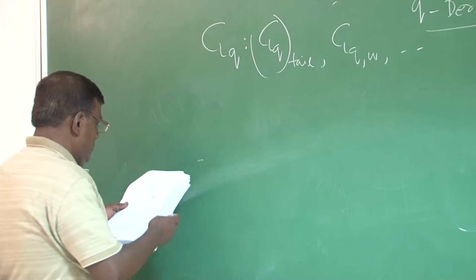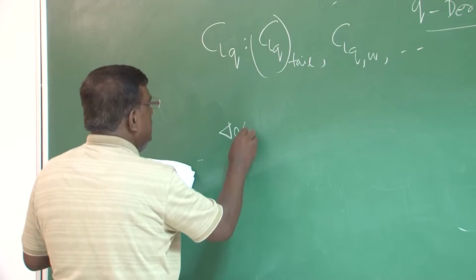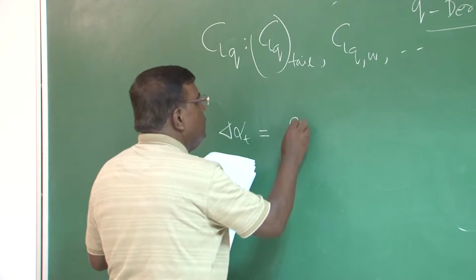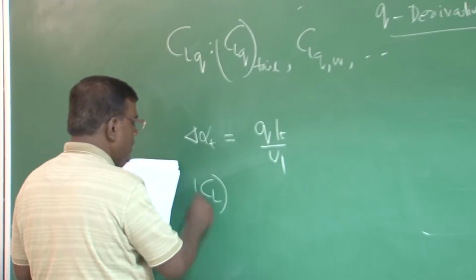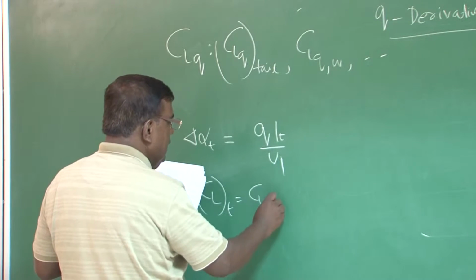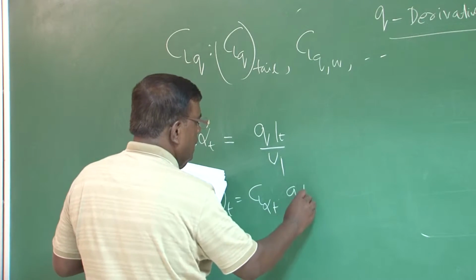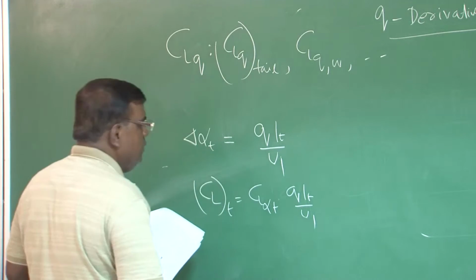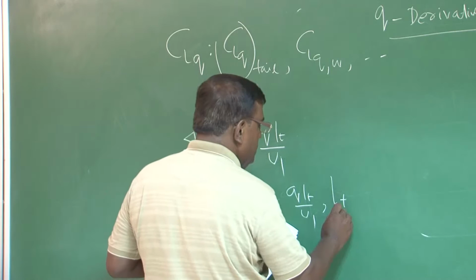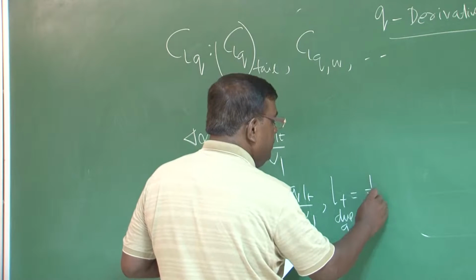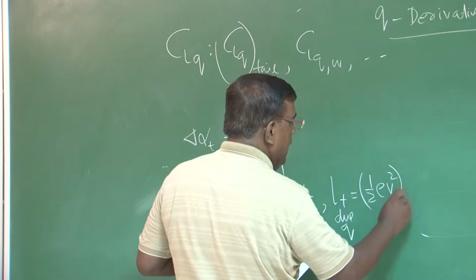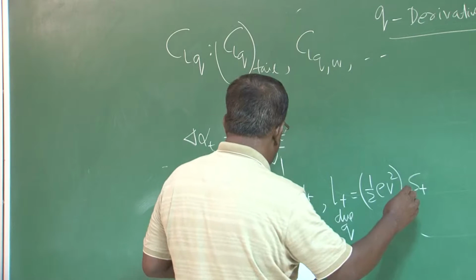Right. So, we know that delta alpha tail because of Q is Q LT by U1, which we have demonstrated here. So, what is the CL at the tail? It will be CL alpha tail into Q LT by U1. So, lift at the tail due to Q will be equal to half rho V square at tail, S tail, into CL tail.